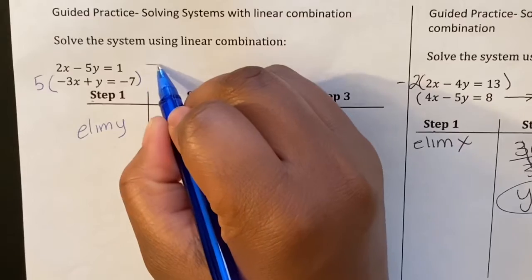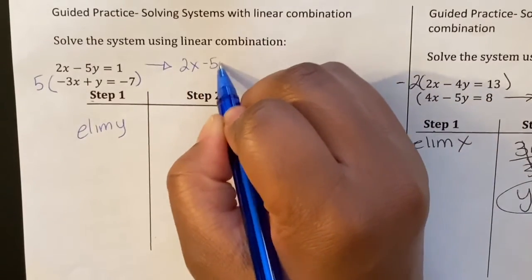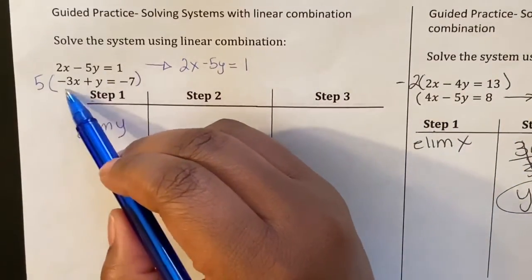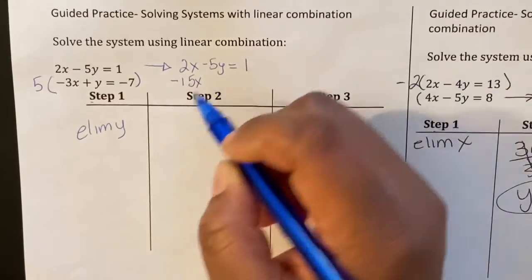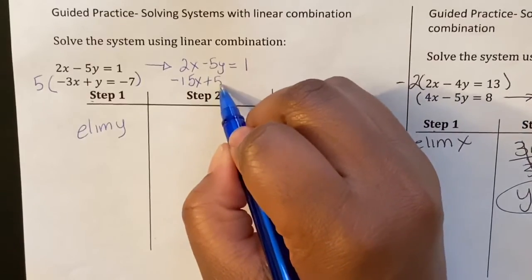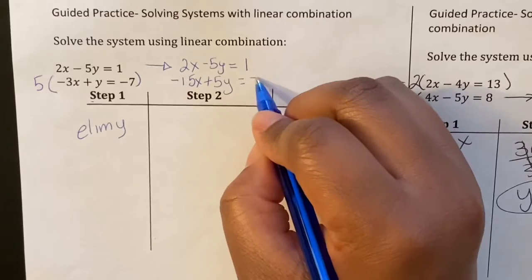So the top equation stays the same: 2x minus 5y equals 1. The bottom equation now becomes 5 times negative 3x is negative 15x, 5 times positive 1y is positive 5y, and 5 times negative 7 is negative 35.